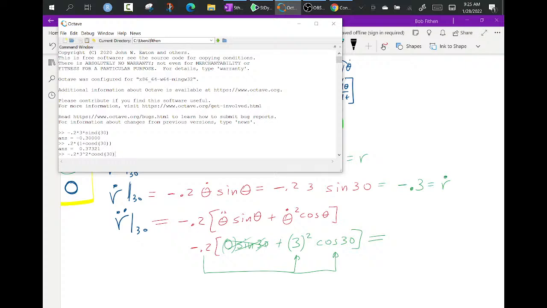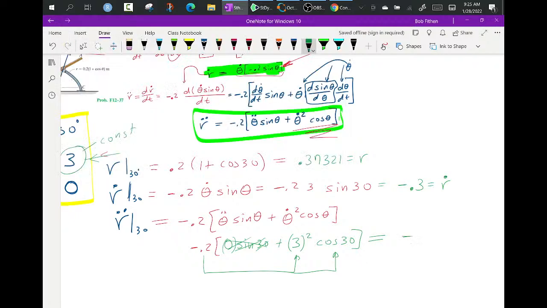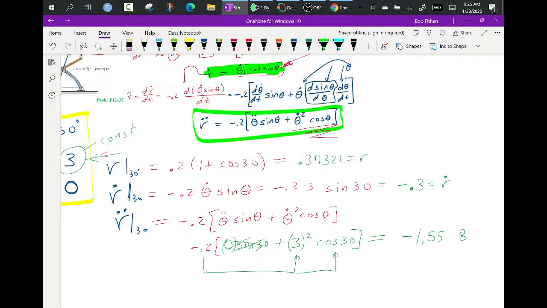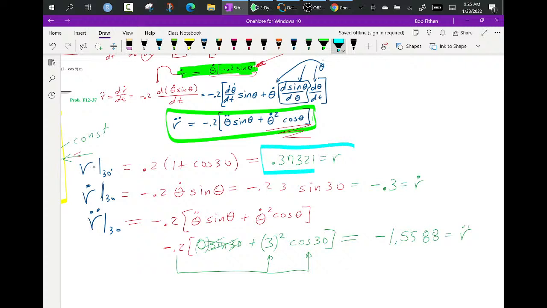Oh, too many parentheses. Minus 1.5588 if I copied it right. Equals R double dot. So I got this one, I got that one, and I got that one.